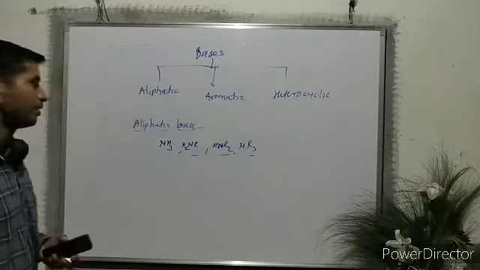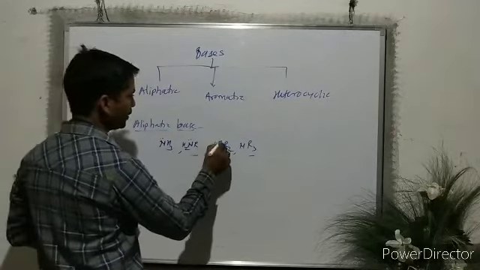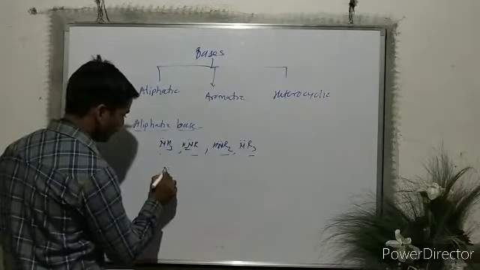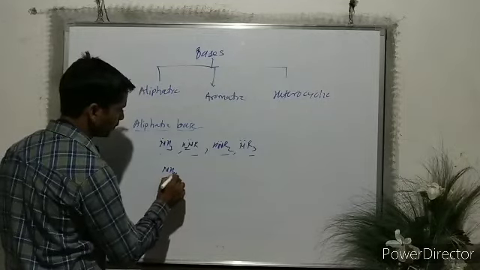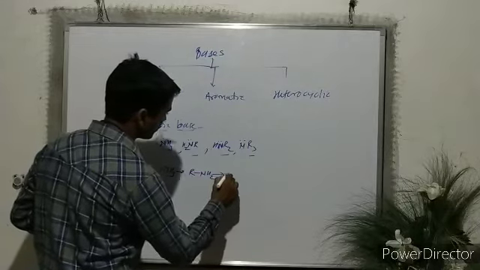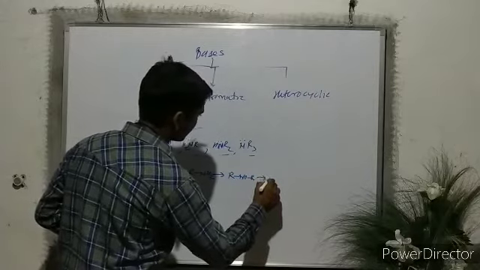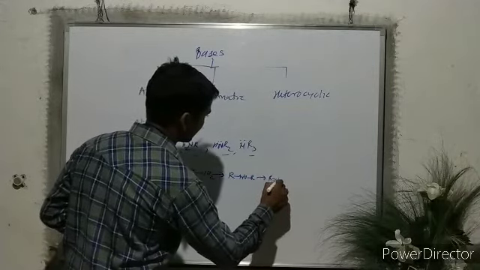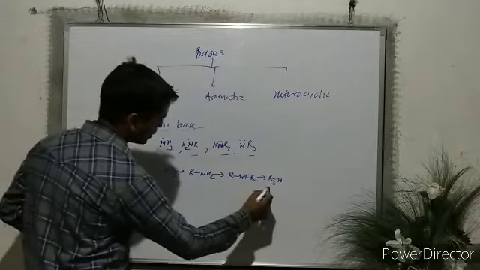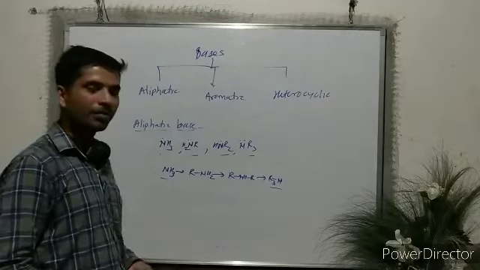Let's take this series. We know that this nitrogen has a lone pair of electrons, so it can be available for donation. In this series, as we go from ammonia to tertiary amine, the plus I effect increases, and as we know, the plus I effect increases the base strength.